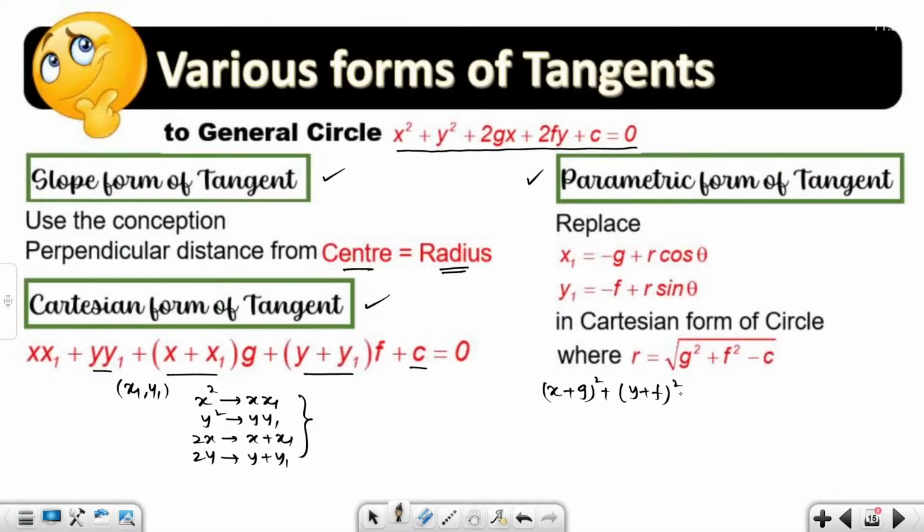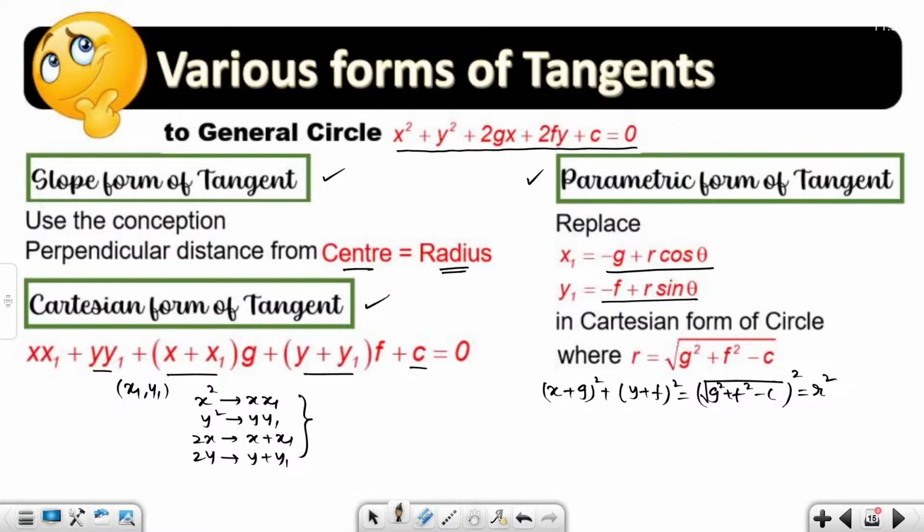Y plus f whole square is equals to root over of g square plus f square minus c whole square, which is actually your r square. So in that case, we will write the parametric form as minus g plus r cos theta and minus f plus r sin theta.